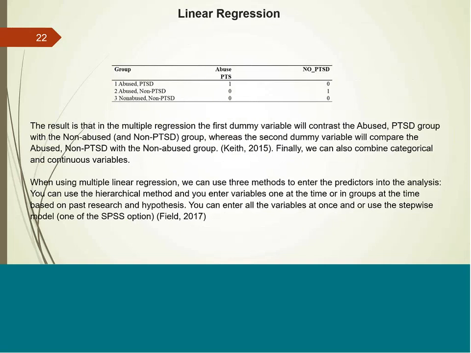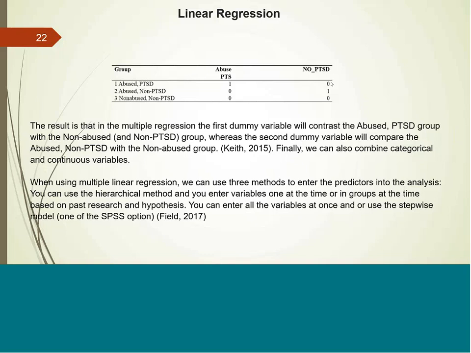So when we code this into SPSS, we're going to have 1 column with the abused PTSD and 1 column with the non-abused PTSD. So the result is that in the multiple regression, the first dummy variable will compare the abused PTSD group with the non-abused and non-PTSD group.